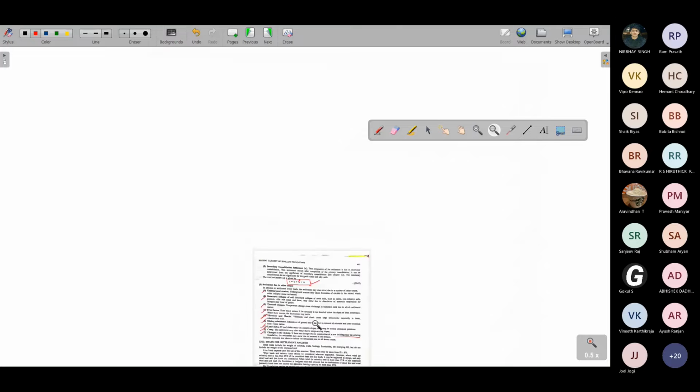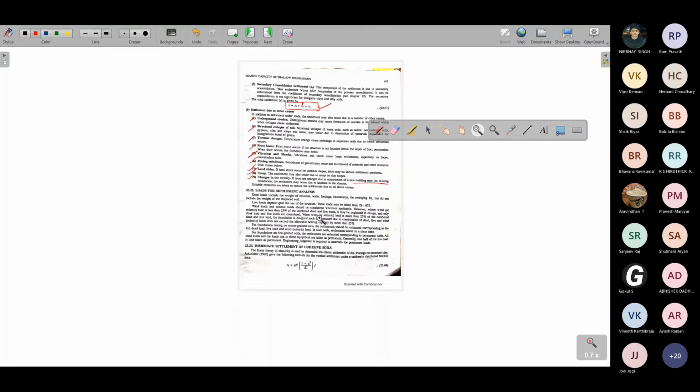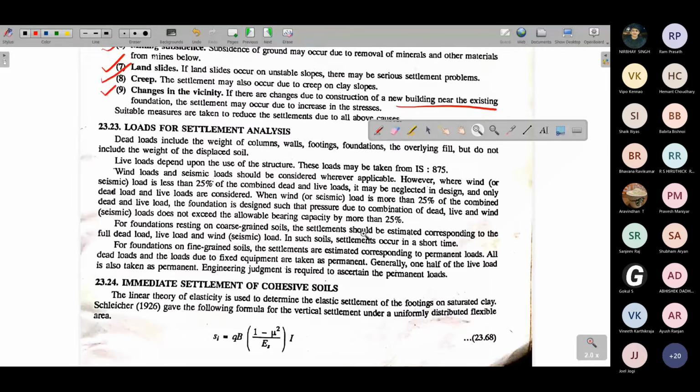So how do we generally do the analysis of this? Load settlement analysis, if you read, here is what it says. How to generally find this out? There are some codal provisions given in the codes also. Dead loads: what loads do we have to take for the settlement analysis?